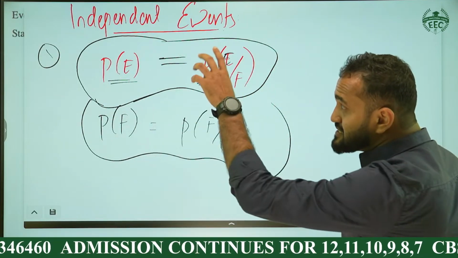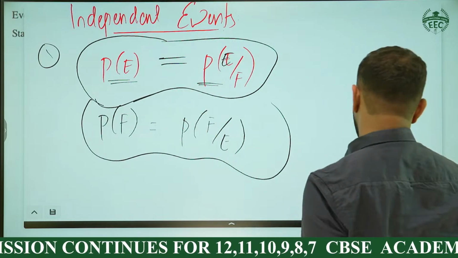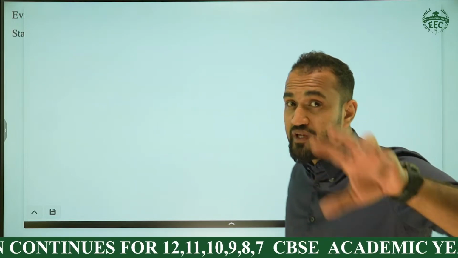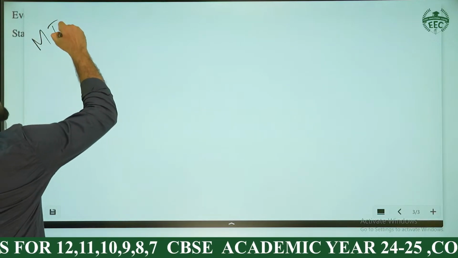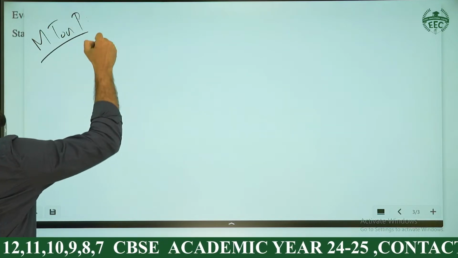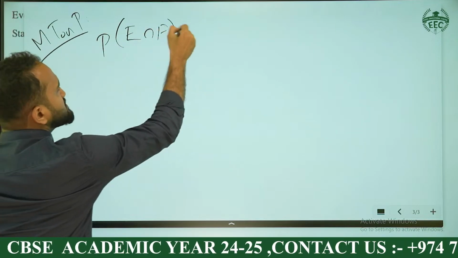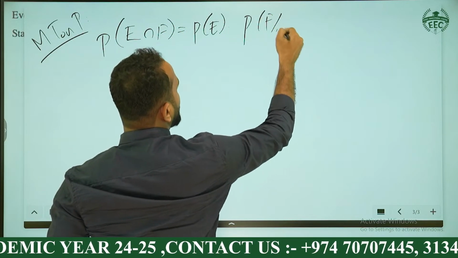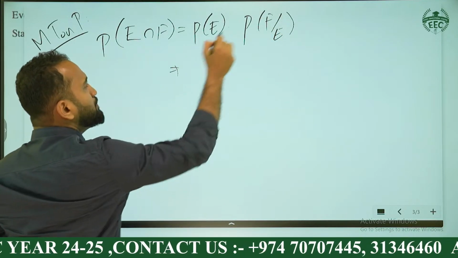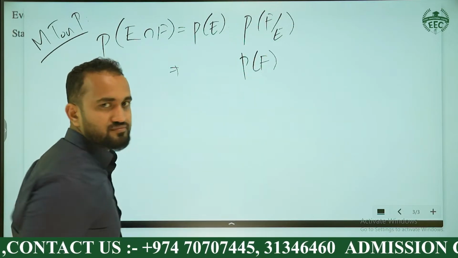Now, if this is the modification that you can bring to conditional probability, then tell me what modification you bring to the multiplication theorem on probability. You already learned the multiplication theorem on probability: P of E intersection F is equal to P of E into P of F bar E. But it was observed that P of F bar E is the same as P of F itself.